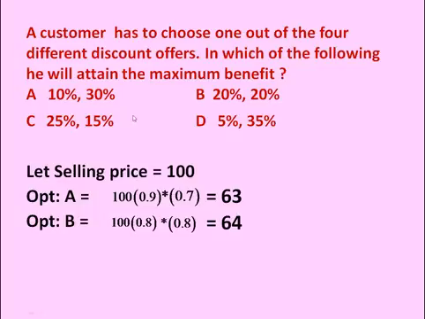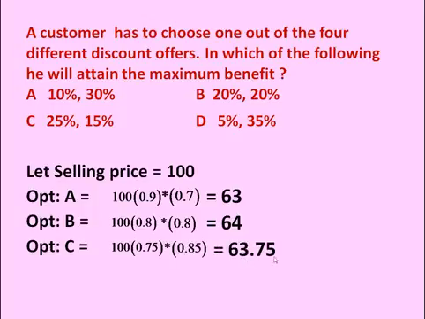Now if he opts for option C, let us see. Initially he is getting 25% discount, means he has to pay 75%, and again he is getting 15% discount, means he has to pay 85% of the remaining. This is equal to 63.75.